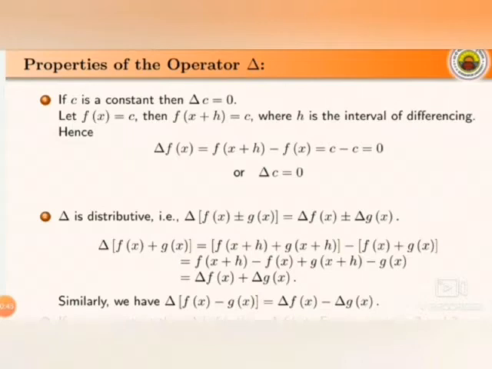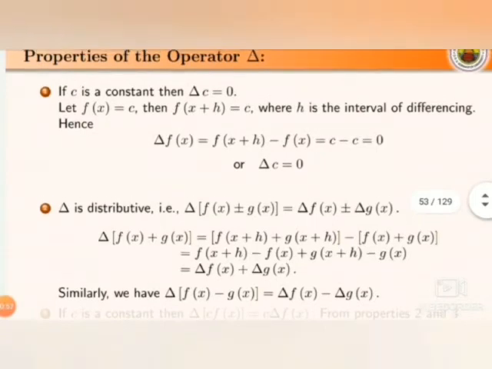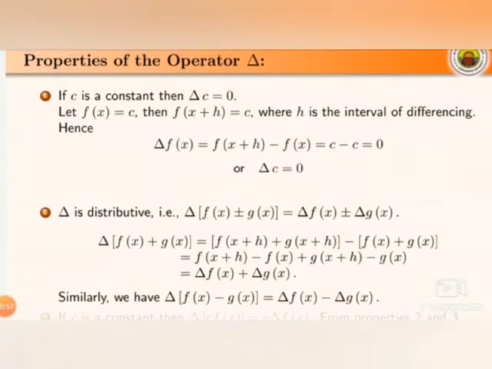Then combining, f of x plus h minus f of x is the forward difference of f of x, and g of x plus h minus g of x is the forward difference of g of x. So we get the proof.